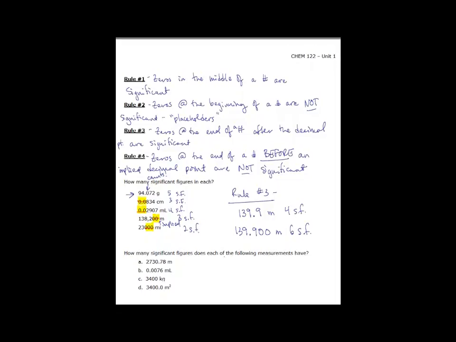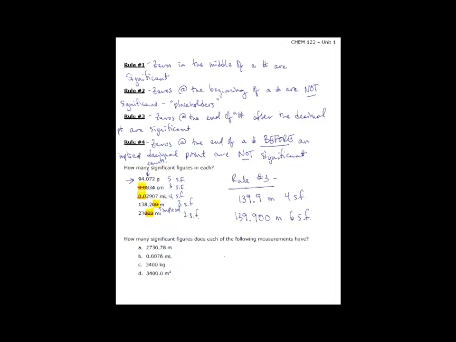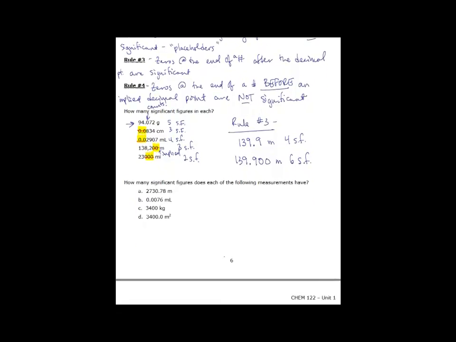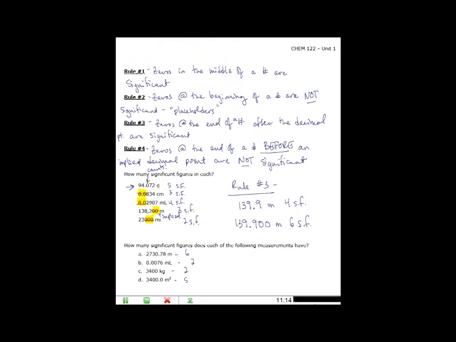So I want you to apply the 4 rules that we just went over and answer this question. How many significant figures does each of the following measurements have? So hit pause and work on those. Okay, so hopefully you got the same answers that I did. In A, there are 6 significant figures. And B, there are 2, because these zeros here are just placeholders.